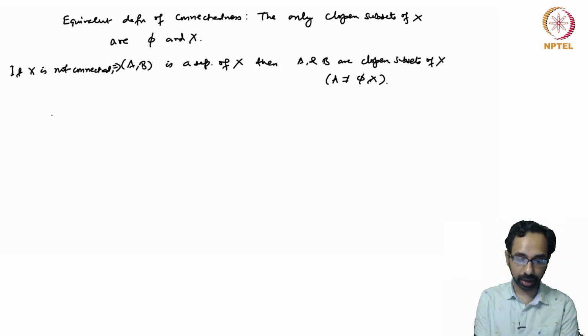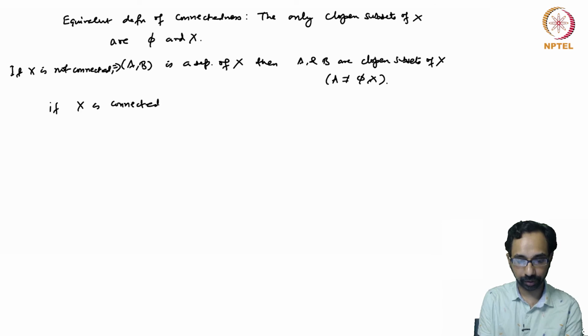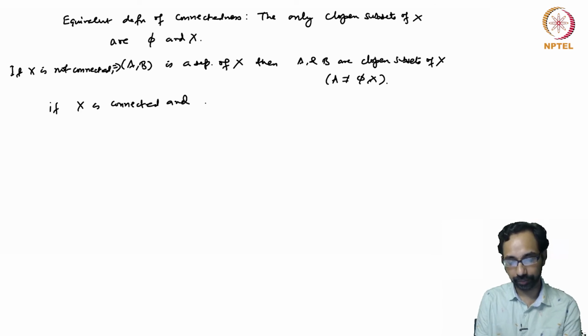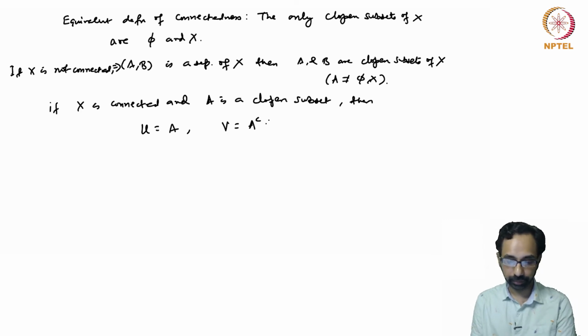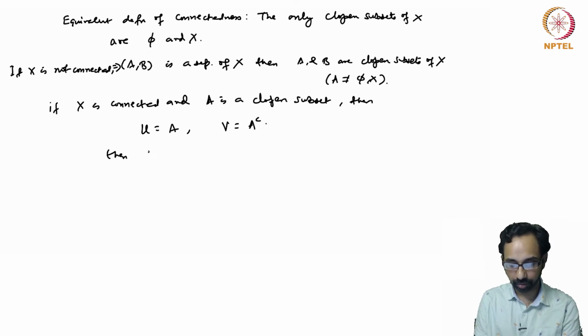So on the other hand, if X is connected and A is a clopen subset, then if you take U as A and V as its complement, then both U and V are open, right?